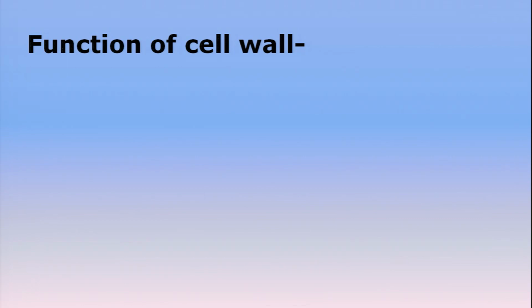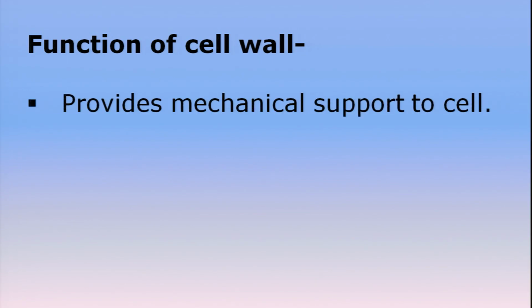Now, what are the functions of cell wall? First function, cell wall provides mechanical support to cell. Can you say why cell wall is present in plant cells, and not in animal cells? You see, plants grow at a particular place and they cannot move from one place to another.